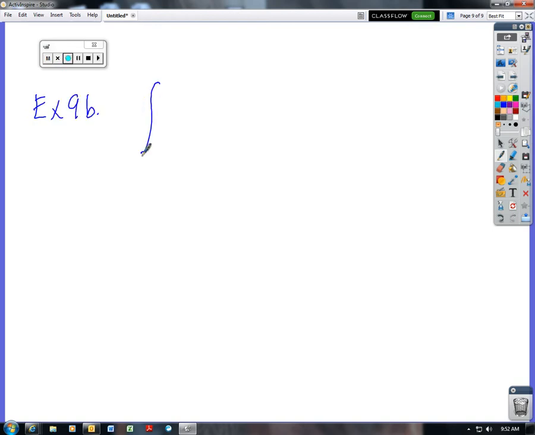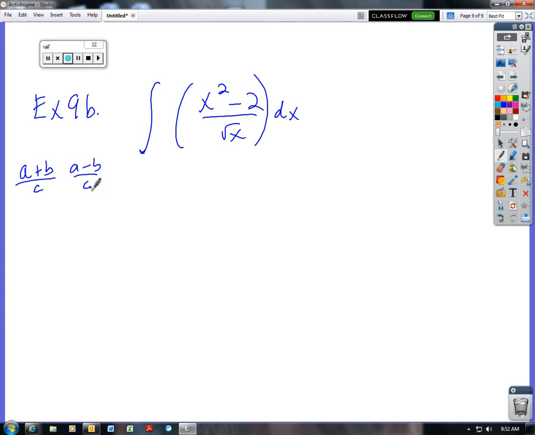Different problem. Integral of x squared minus 2 all over root x dx. Okay, this one also has to be rewritten. We cannot integrate it the way it's written. So anytime you have either a plus b over another term or a minus b over a term, you can break it into 2 fractions, like a over c plus b over c, or a over c minus b over c.